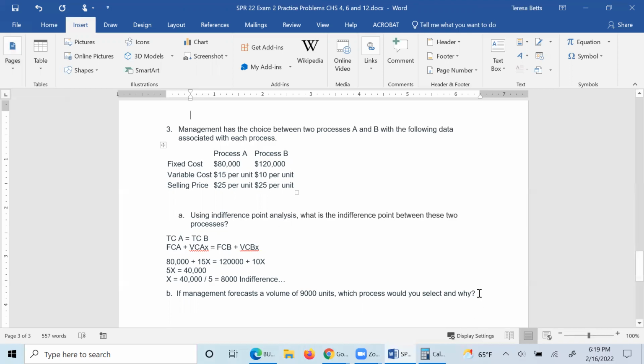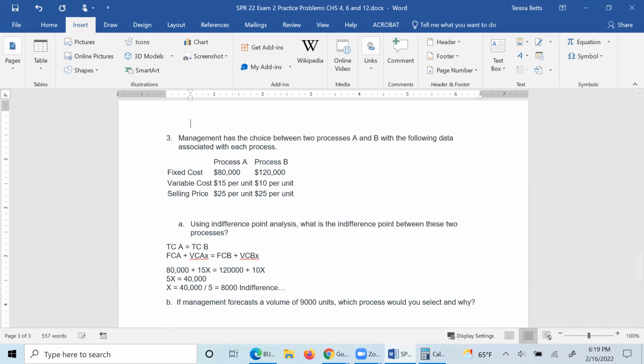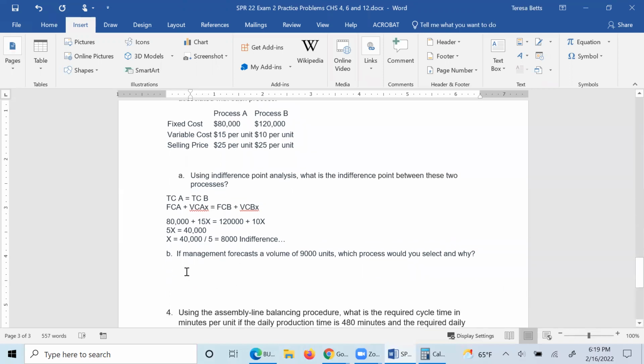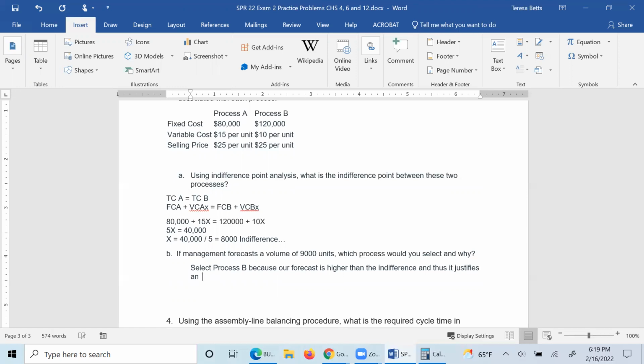Okay, so the answer to this one is we're going to select process A, or excuse me, process B, because our forecast is higher than the indifference point, and thus it justifies a higher capital investment process.